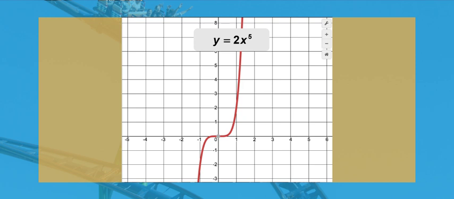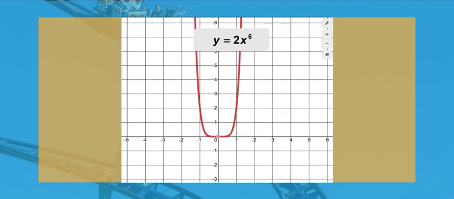Not all 5th power graphs look like this, but graphs of this sort are also functions. Finally, we have the graph of k equals 6, which results in y equals 2x to the 6th power. Once again, we notice the parabolic shape of this type of graph. Although not all 6th power graphs look like this, graphs of this sort are also functions.